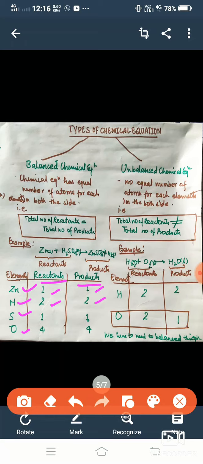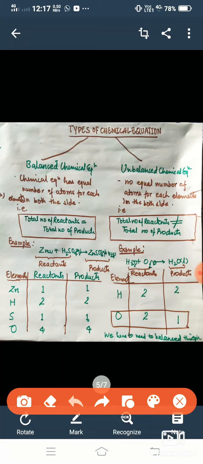The number of sulfur atoms on the reactant side is 1 and on the product side also 1. And the number of oxygen atoms on the reactant side is 4 and on the product side also 4. So if we see, all the atoms on the reactant and product sides are equal, so we can say that this is a balanced chemical equation.